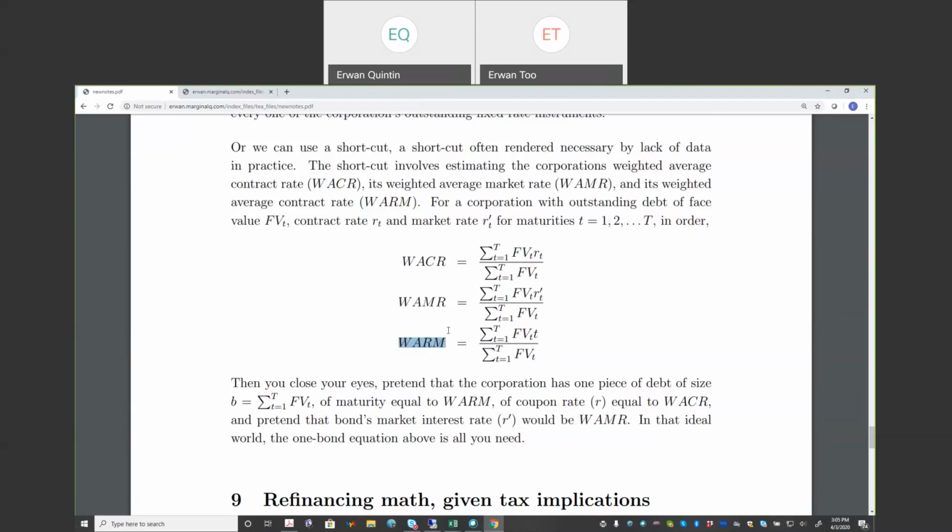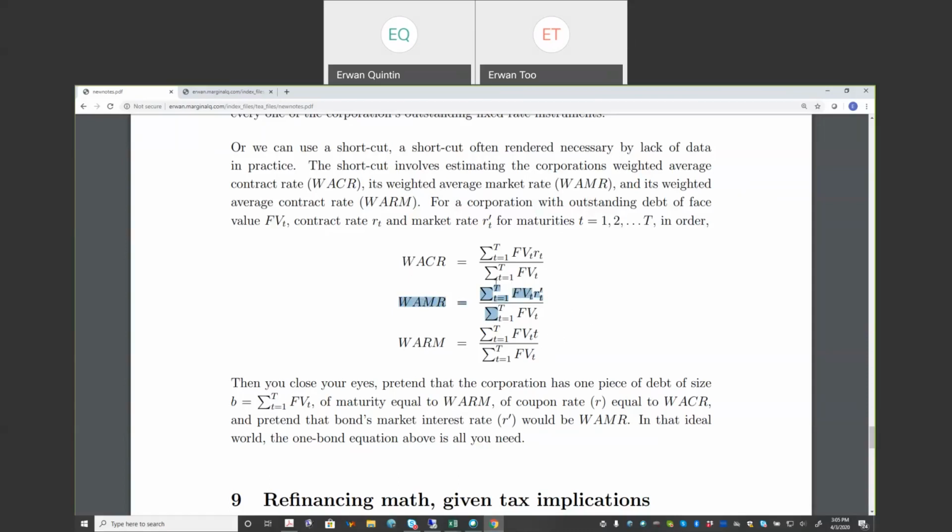WARM is an average of all the maturities of debt that it has outstanding, where the weight once again is the face value. So here people are going to say the average maturity of $1 of debt for this particular corporation is 8 years. Let me look at the market for what a bond of this type of rating would earn at an 8-year maturity, and that's what I'm going to use as a proxy for what I would want to use here, which is the weighted average market rate.